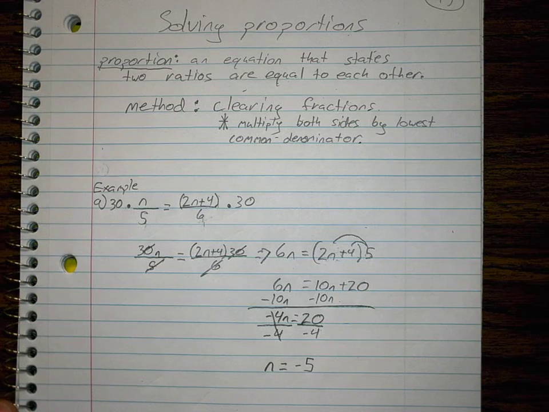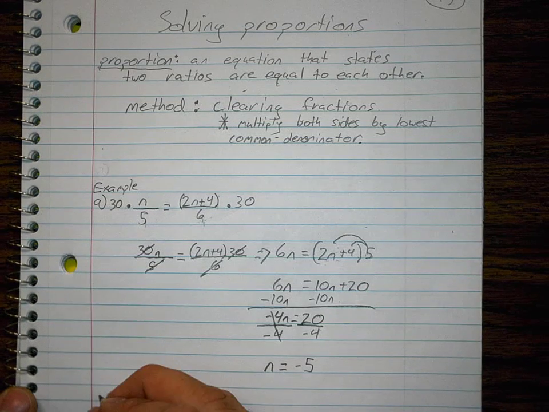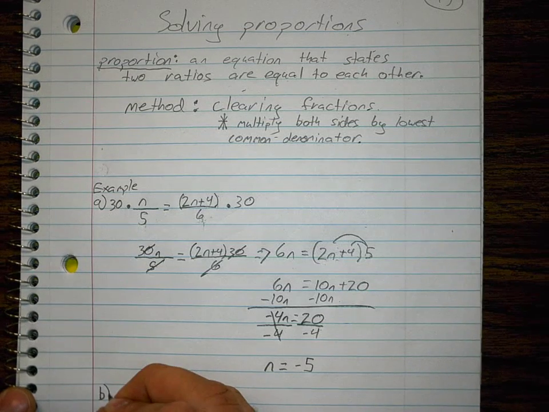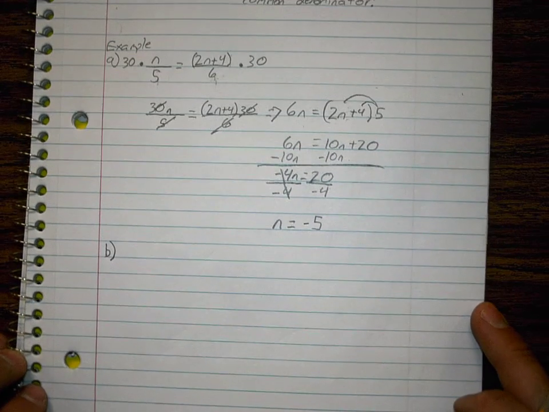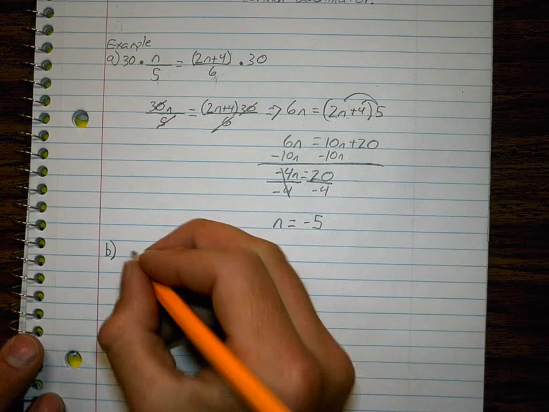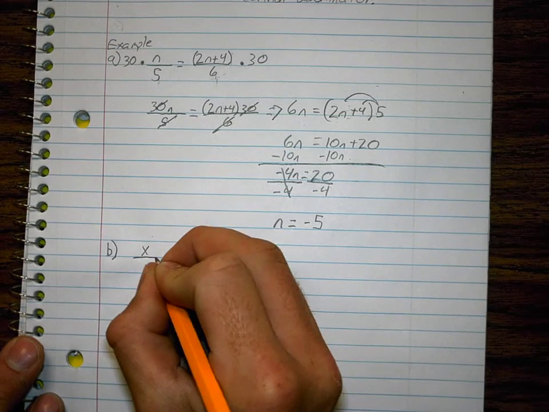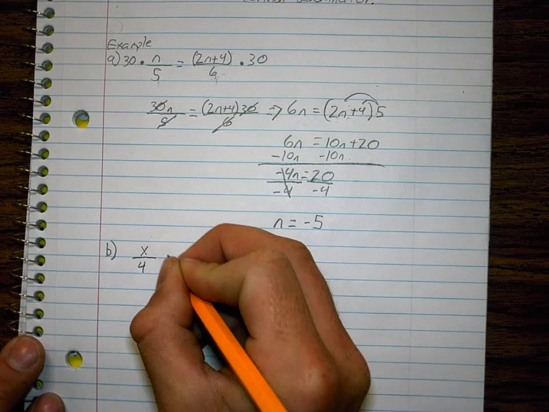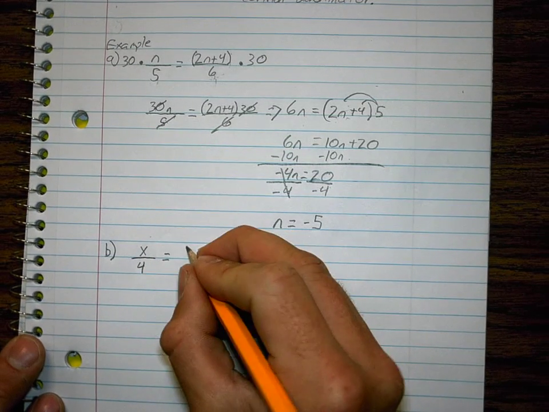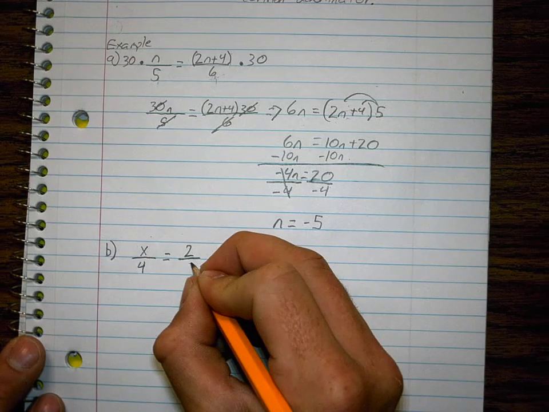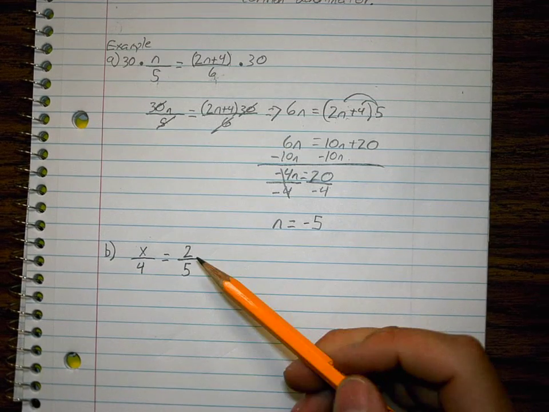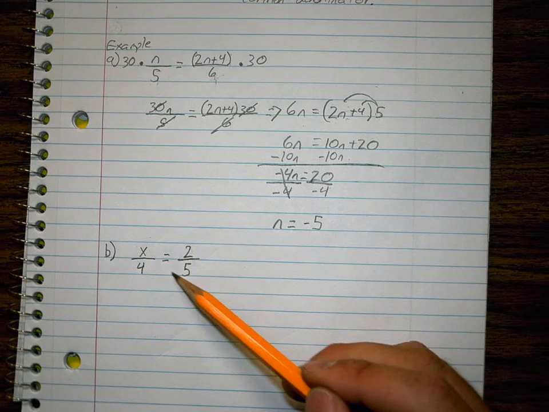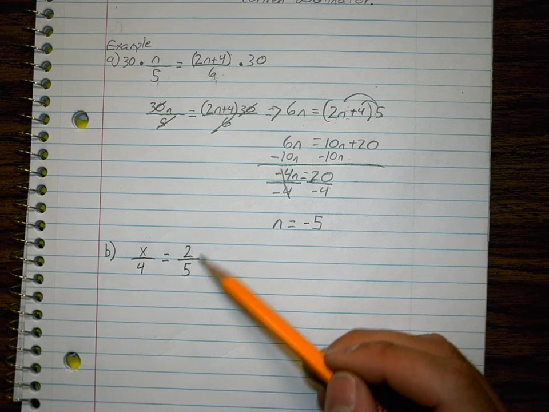Okay, we're going to do one more example. So example B. Before we start on this, I want to make sure we understand this is a ratio.